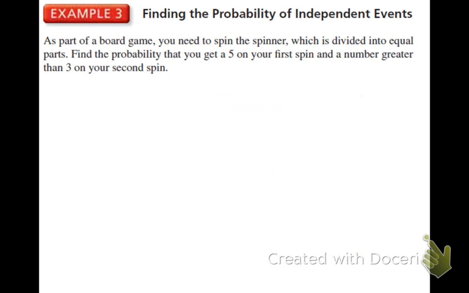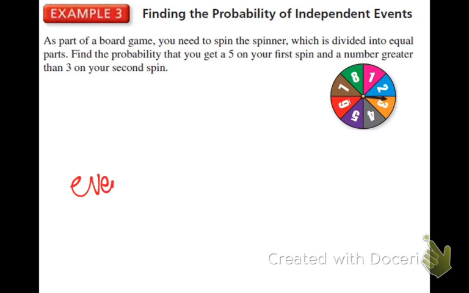Okay, let's do our first example. As part of the board game, you need to spin the spinner, which is divided into equal parts. Find the probability that you get a 5 on your first spin and a number greater than 3 on your second spin. How many events do we have? We have 2 events. We'll call the first one event A. What do I want to get first?